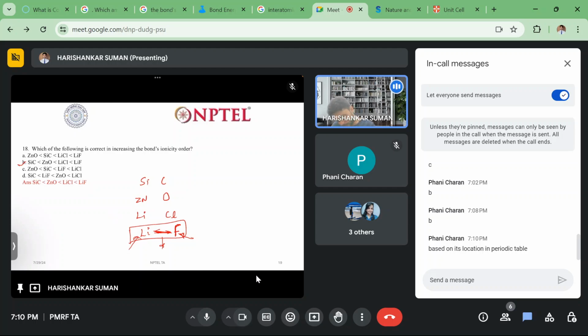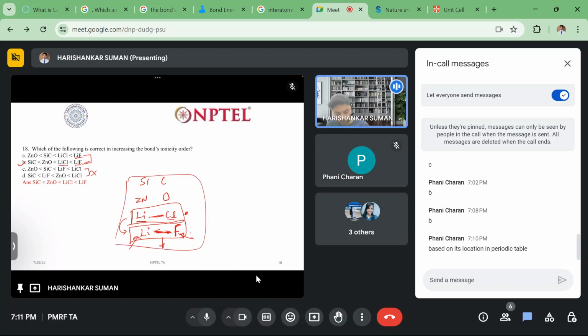These are two options. This one is cancelled, and among the others, this is highest, then this is much less compared to it, then xenon, then silicon, carbon.